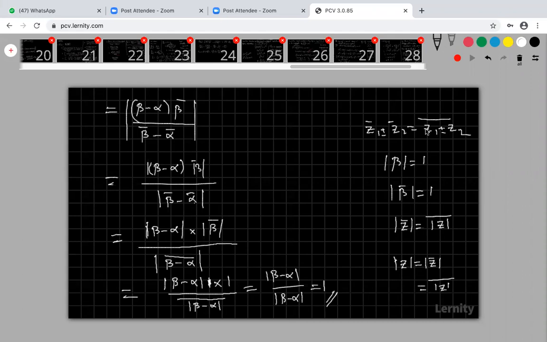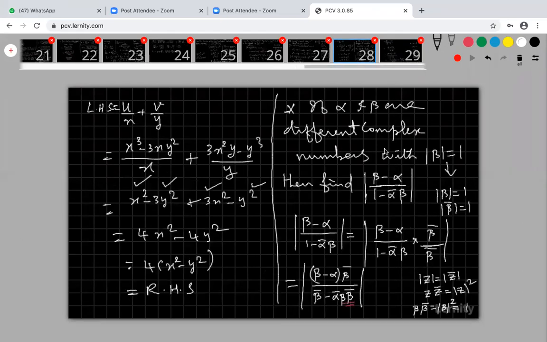Yes, please try to understand. I am explaining again. Here I am multiplying by beta conjugate in the numerator and denominator. In the denominator, 1 into beta conjugate and alpha conjugate, beta into beta conjugate. Beta into beta bar is nothing but the modulus of beta the whole square, and the modulus of beta is 1 only. So we get 1.